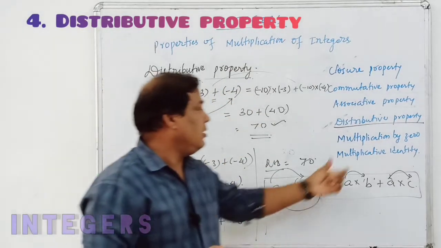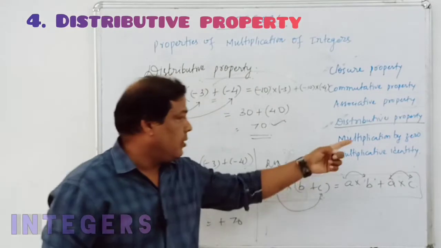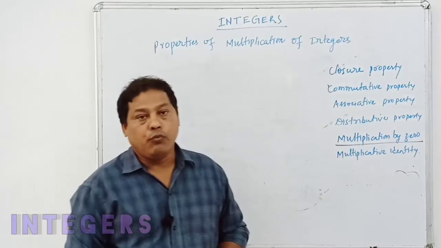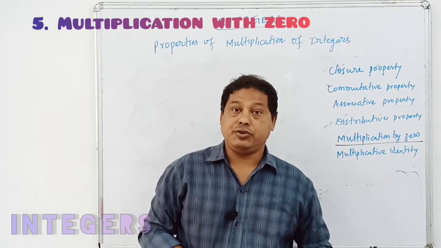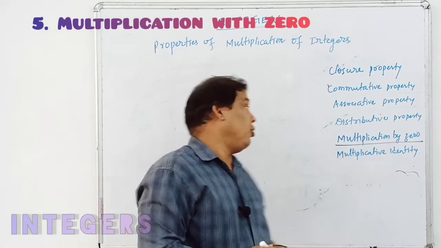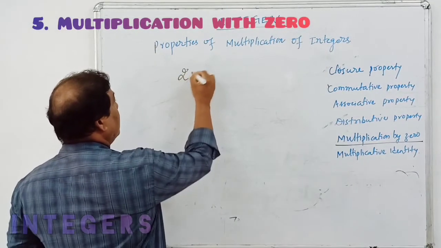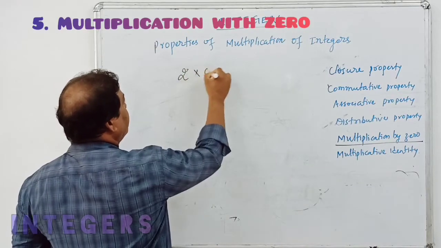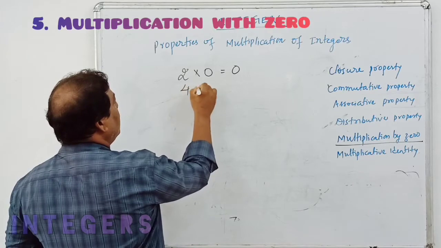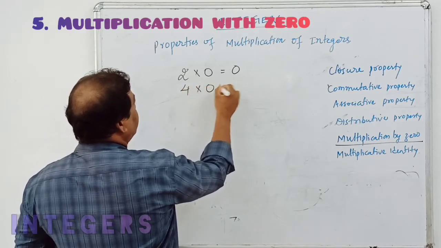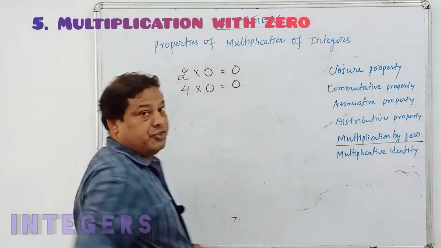Now we will see the next topic, that is multiplication by 0. We know that any whole number when multiplied by 0 gives 0. See, 2 is a whole number. When multiplied with 0 it becomes 0. 4 is a whole number. Multiplied with 0, that is 0.